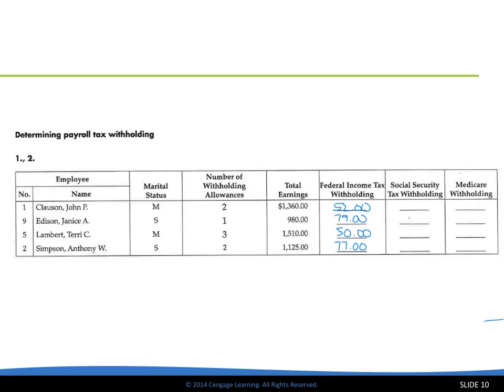So I take the total earnings, the $1,360, and I multiply that by the 6.2%, which I convert to a decimal as 0.062, and that's going to give me my total Social Security withholdings, which will be $84.32.